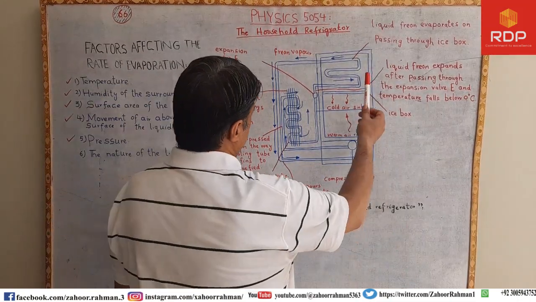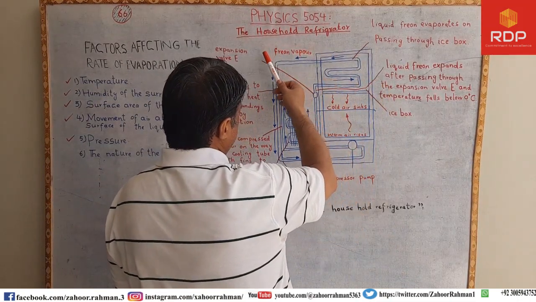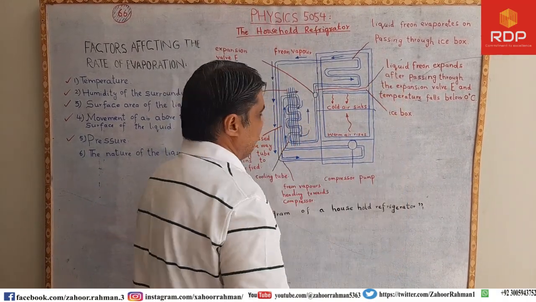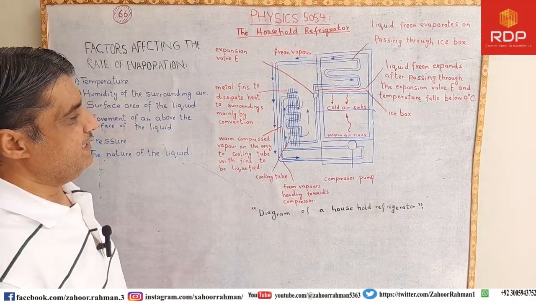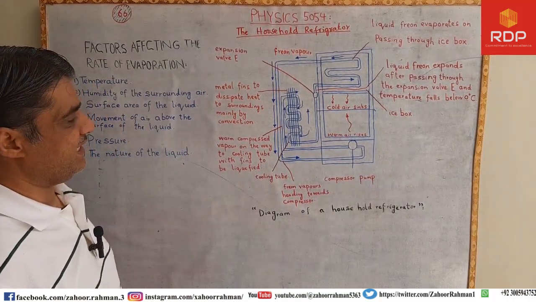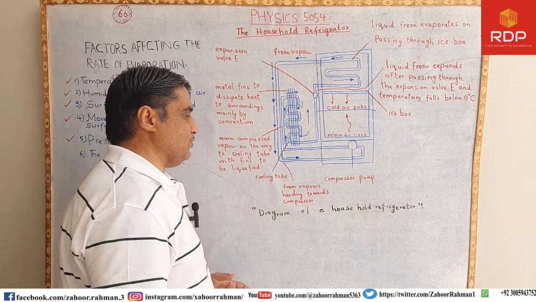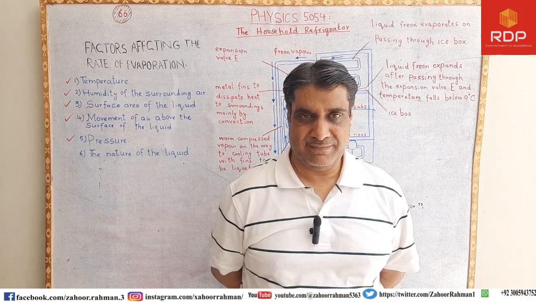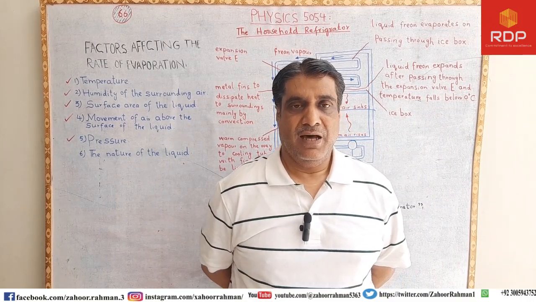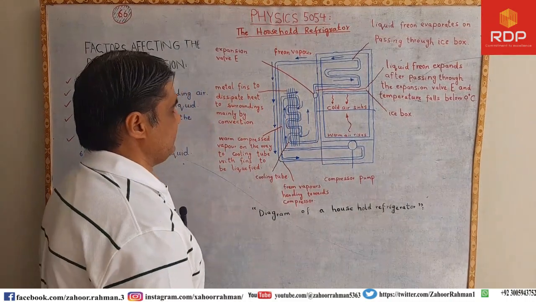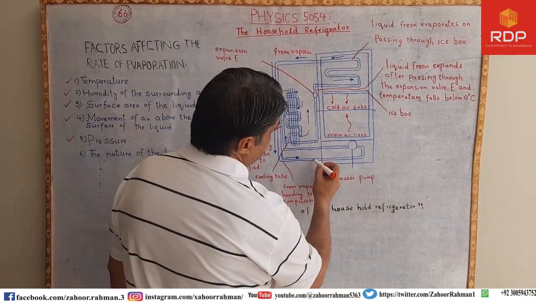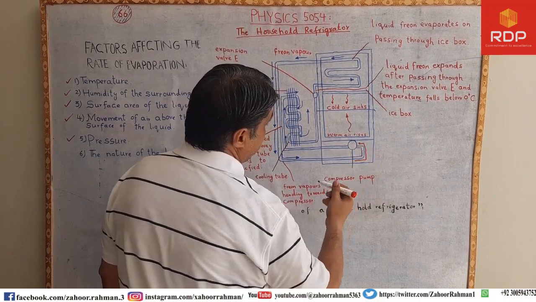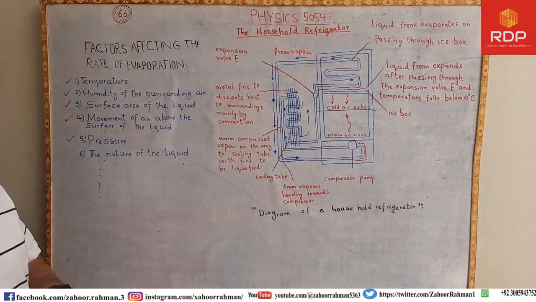Ladies and gentlemen, this is the back of the refrigerator. Remember that a refrigerator uses a gas which is called freon. Freon gas first enters the compressor in the form of vapors.